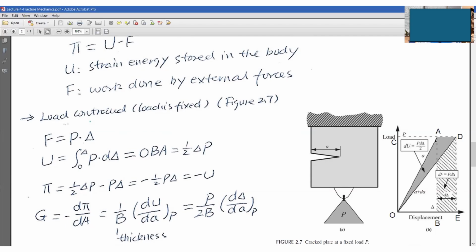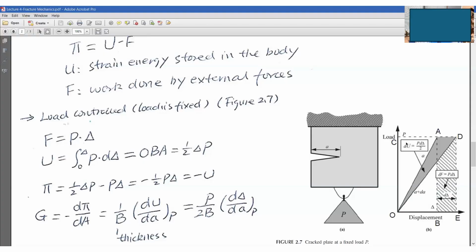Graphically, this is for my crack length of A, and this is for my crack length of A plus dA, where dA is very small. We should know that if the load does not change and the crack is longer, the body is more compliant.